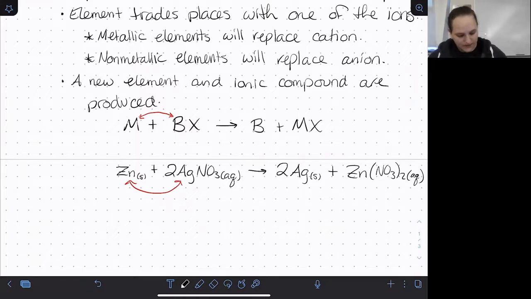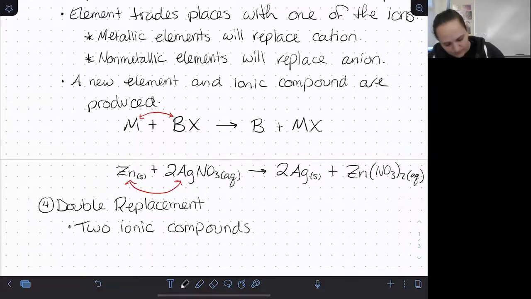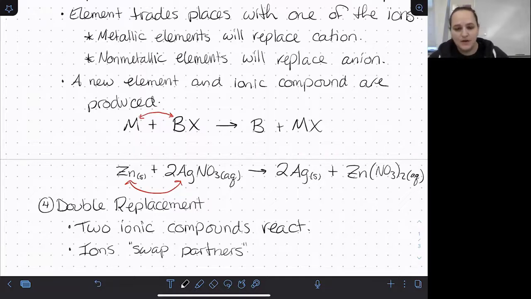The next one is known as double replacement. This is when two ionic compounds react together. And what happens, the change that occurs, I like to think of as the ions swapping partners.